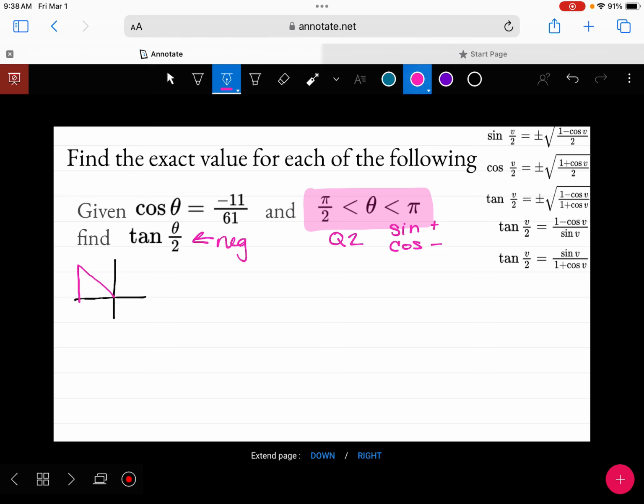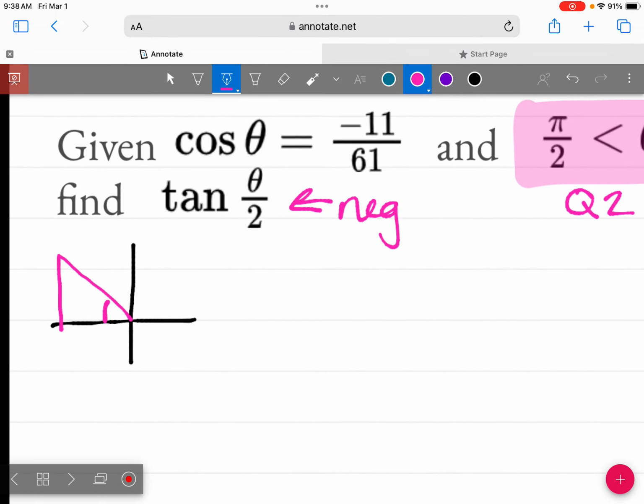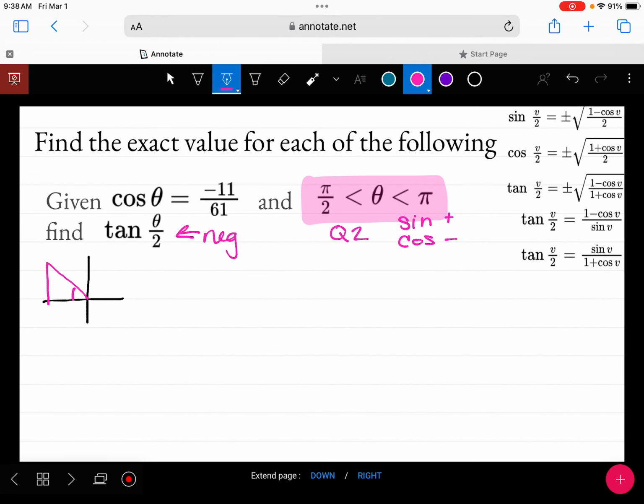Student: We use the formulas we did yesterday first and then... Not the formulas, like how we did it where we drew the little triangle and we figured out our missing pieces. Yeah, but you said since we are given cosine, you don't have to draw the triangle. You don't have to. You can just use this guy because that one only needs cosine, because we're asked to find tangent of theta over 2.